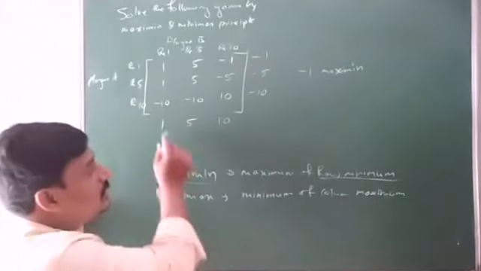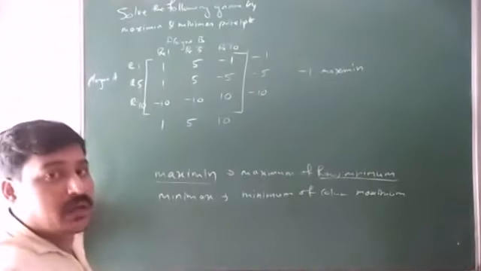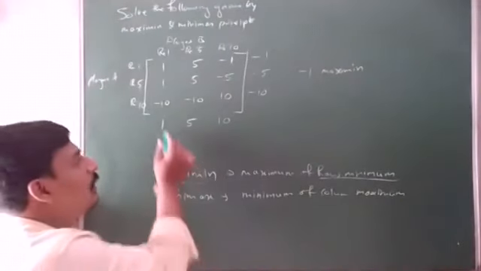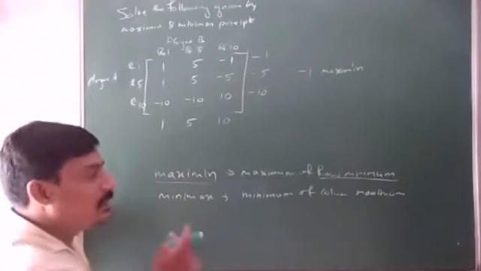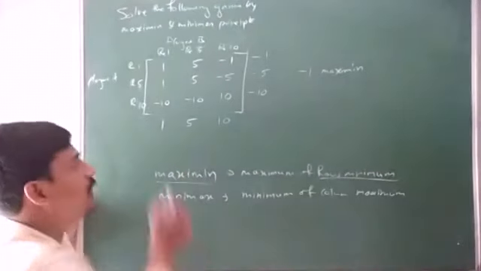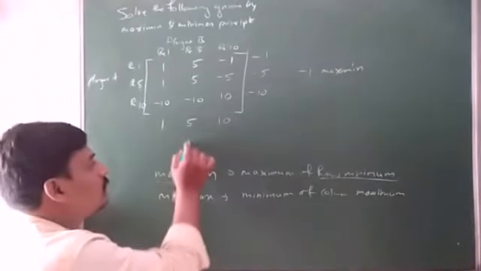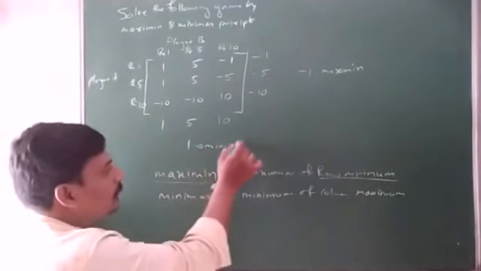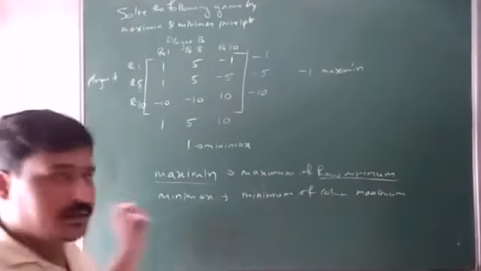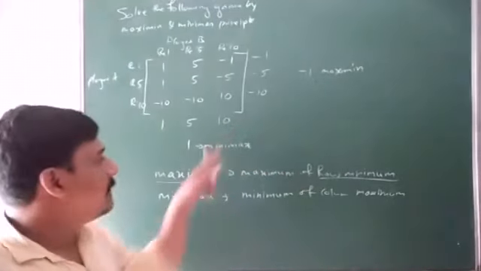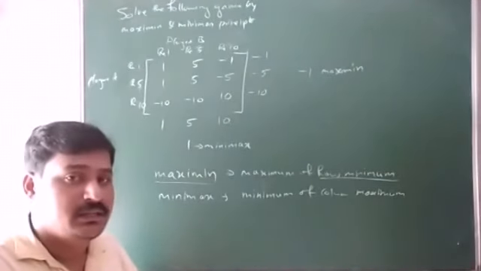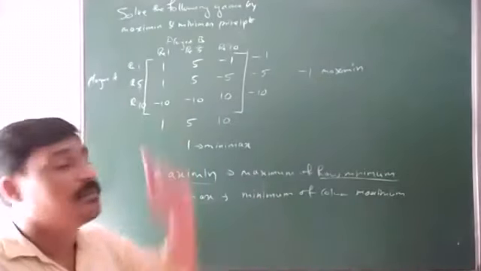Now among these 3 column maximums, we have to get the minimum. So 1, 5, 10. Among these values, the minimum is +1. This is minimax. Now just check. Are Maximin and minimax the same? Did they come from the same position?